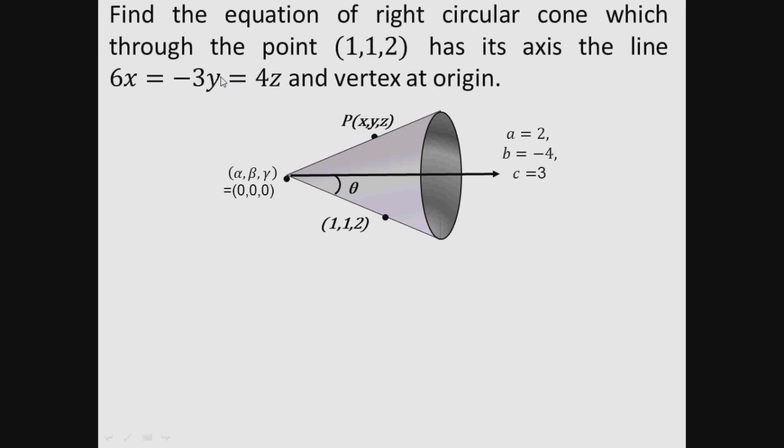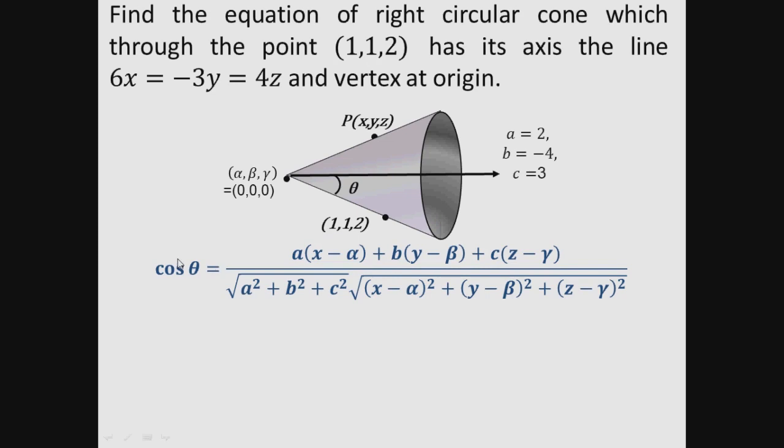Vertex is at origin, so alpha beta gamma is 0 0 0, one point is (1, 1, 2), so make use of (1, 1, 2) as xyz, make use of the formula of semi-vertical angle cos theta equal to all this term, and now put all these values into this formula.